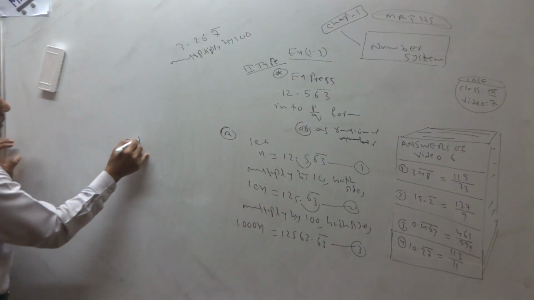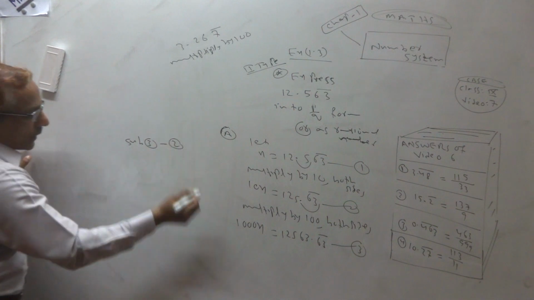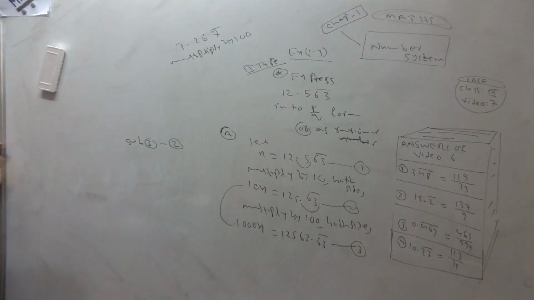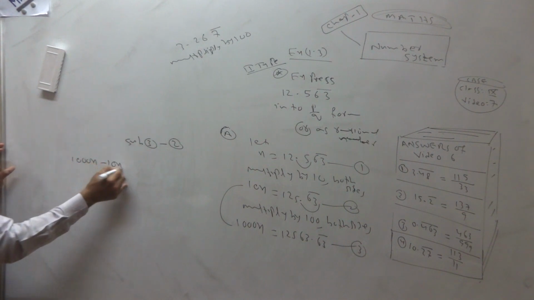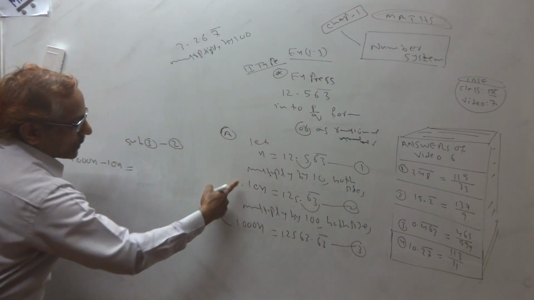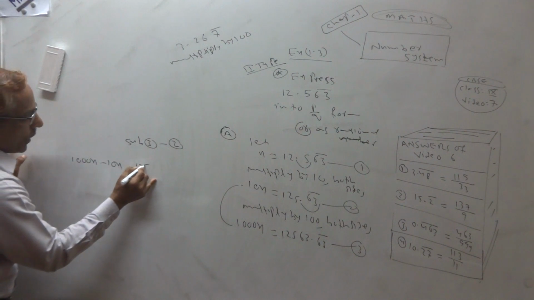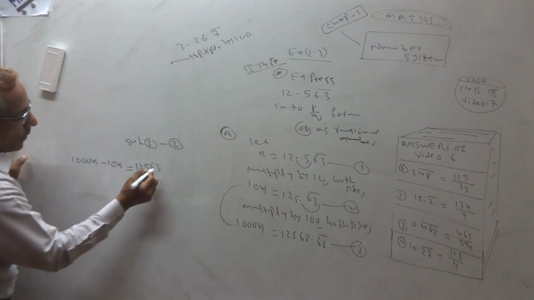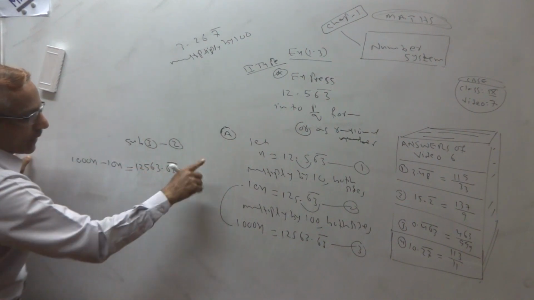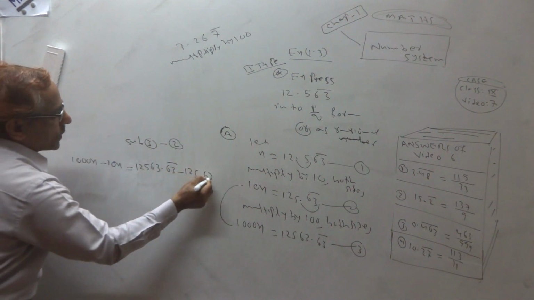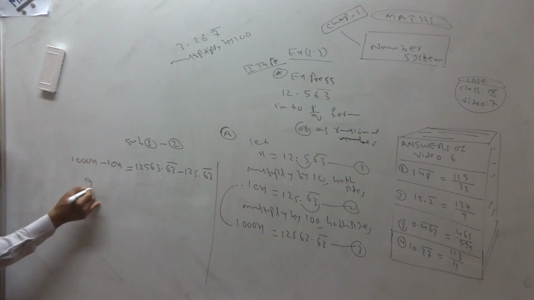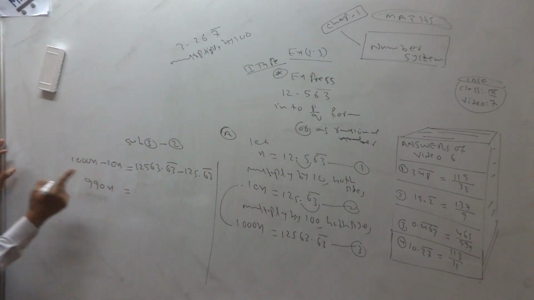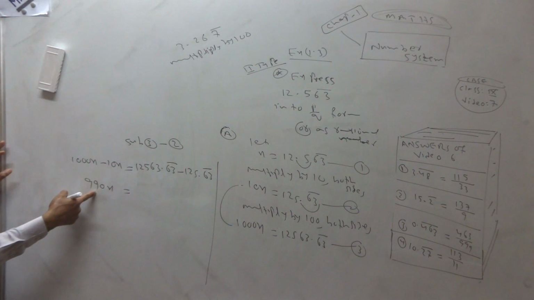Now subtract third minus second. Always third minus second. So 1000x minus 10x is equal to 12563.63 bar minus 125.63 bar. Clear? So what is 1000 minus 10? 990.